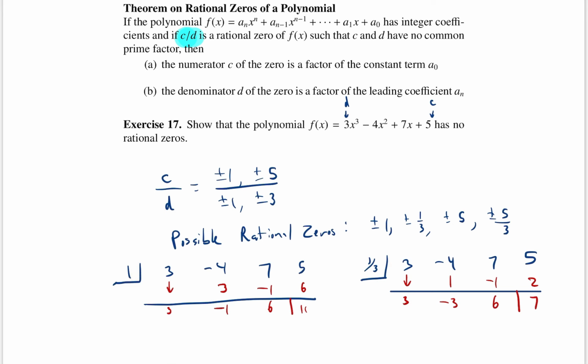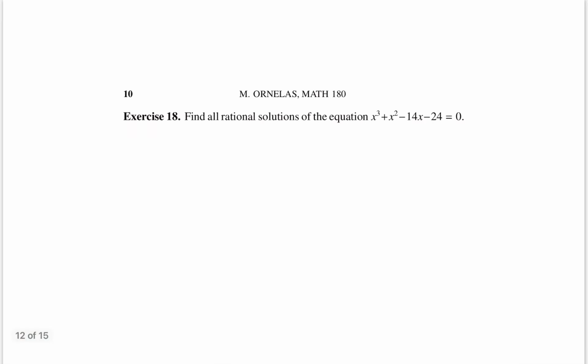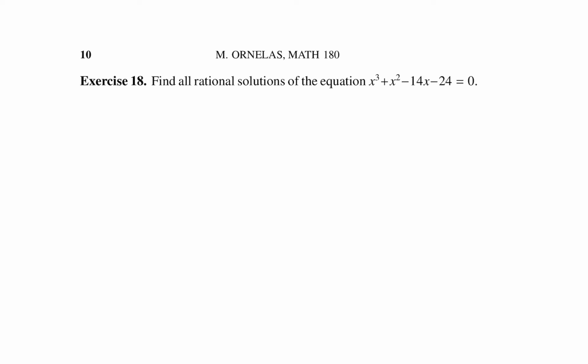So I showed that two values, positive 1 and positive 1/3, are not zeros of this polynomial. So what you would have to do is just do it for the rest of them: negative 1, negative 1/3, positive 5, negative 5, positive 5/3, and negative 5/3. And that's how you would show that this polynomial has no rational zeros.